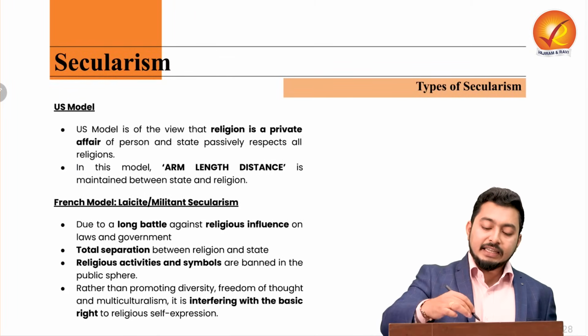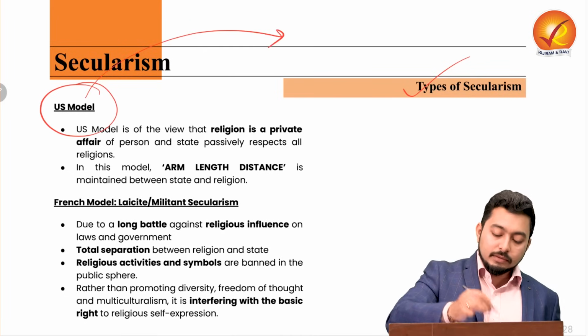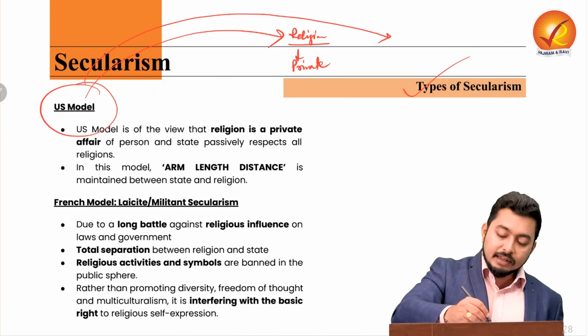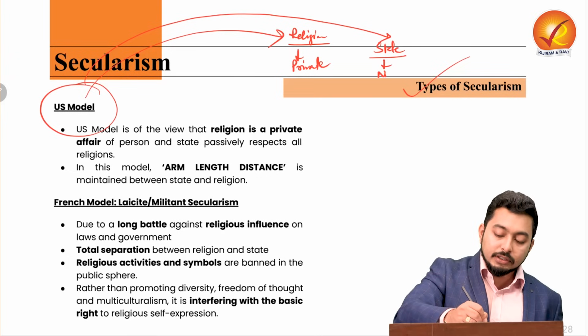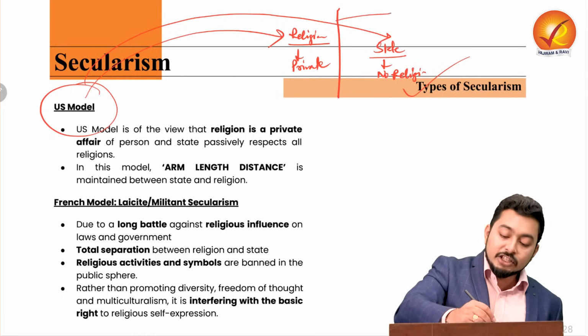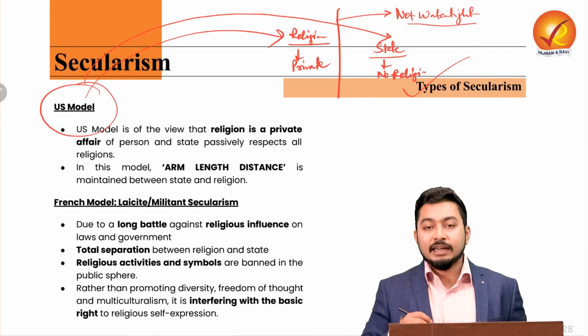Now let's look at various types of secularism. So one is the US model. Here the religion is a private affair and there is arm's length distance with the state, and the state has no religion. But the separation between religion and state is not watertight. That means there might be some state intervention.